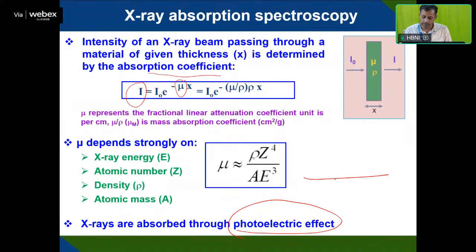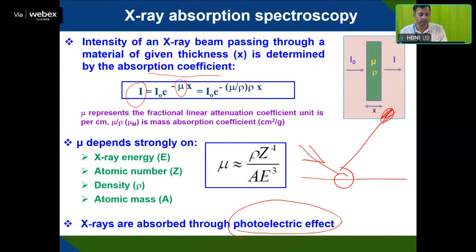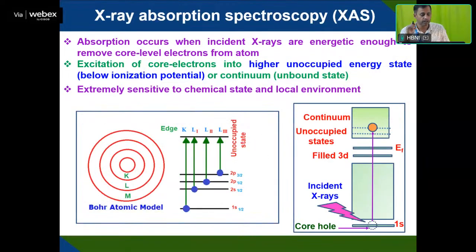When you have a core electron, the X-ray beam comes and throws this electron out, leaving a vacant orbital. That photoelectric effect is what the X-ray absorption technique mainly depends on. Absorption occurs when the incident X-ray is energetic enough to remove a core level electron.